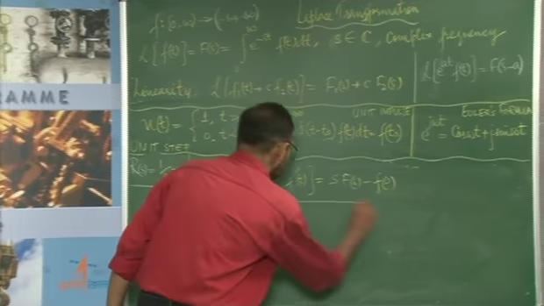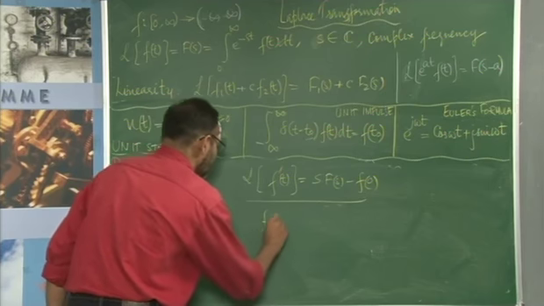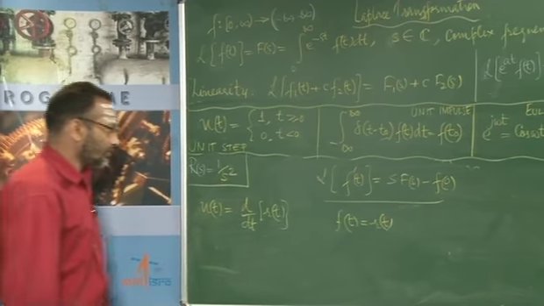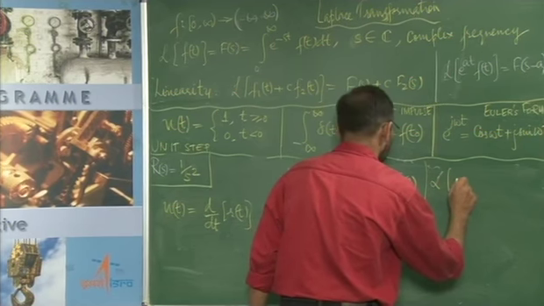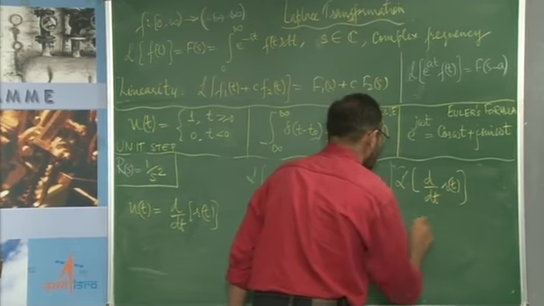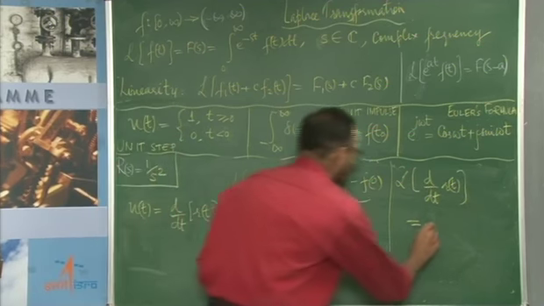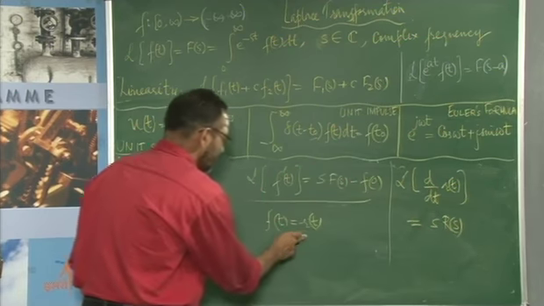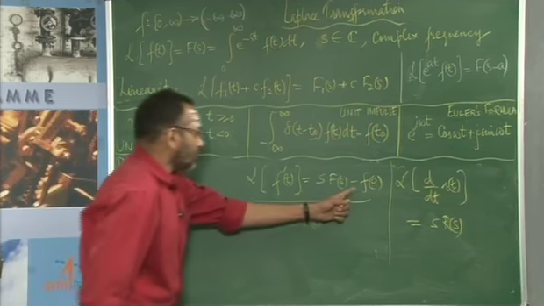Now, in this formula, if I substitute f of t equal to r of t, what I am going to get is the Laplace transform of d by dt of r of t, that should be equal to s times r of s, where r of s is the Laplace transform of r of t, and then what is r of 0?